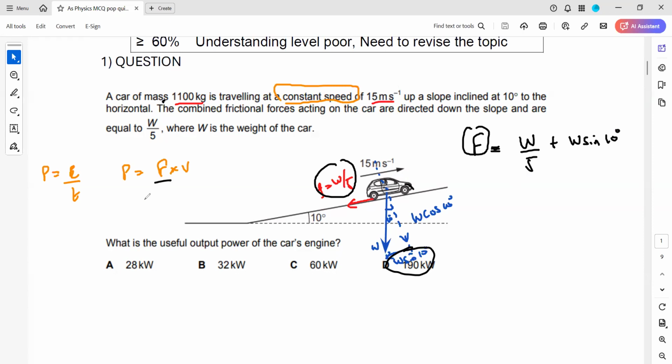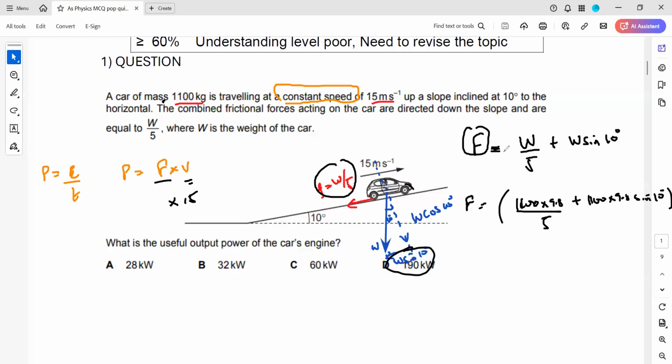So what will this force be? It will be W by 5. Weight is mass times gravity. So this will be 1100 times 9.8 divided by 5, plus 1100 times 9.8 times sine 10. When you simplify this, it will give us the force you need to move this car at a constant speed of 15. That constant speed of 15 is multiplied by this force.